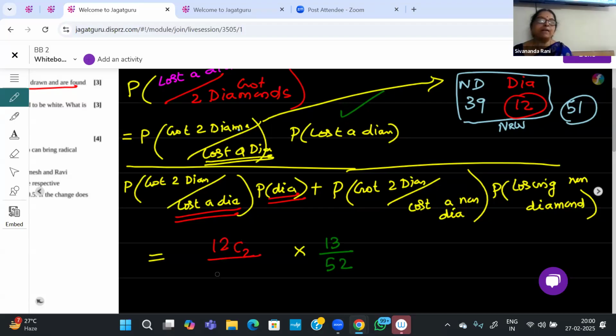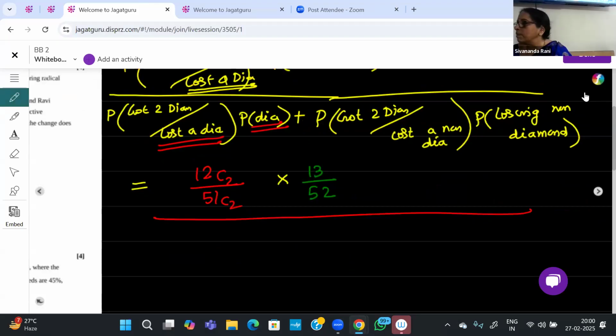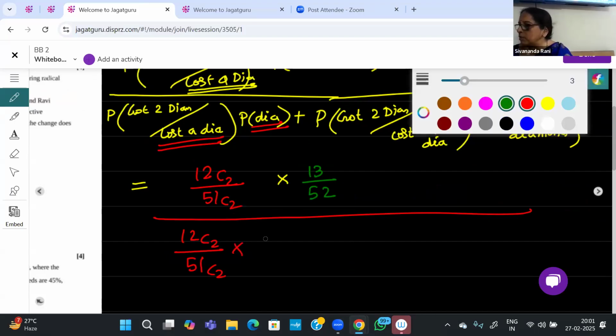So 12C2 divided by, who's going to say? 12C2 by, how many are there in the pack? 51. 51C2. Copy paste that. Same thing will come here also.